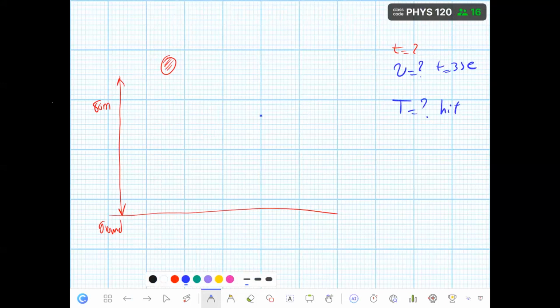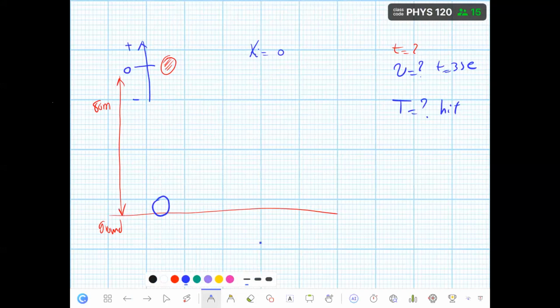You can place the origin on the ground, or you can place the origin where the ball is. So I just say this is the origin, this is positive and this is negative. So what is the initial position of the particle then? Right now, 0. Perfect.